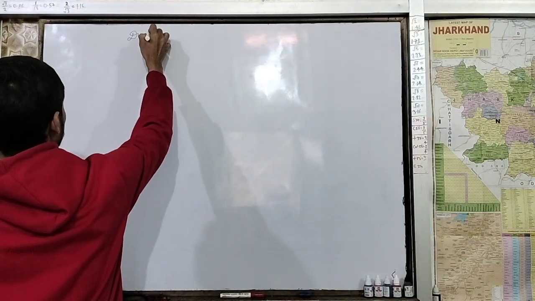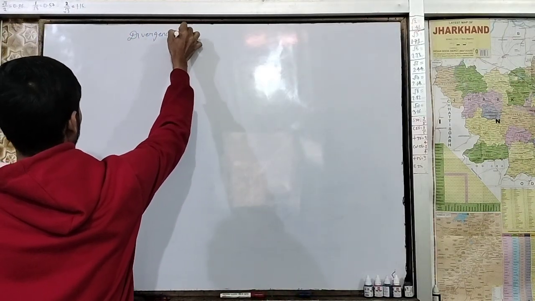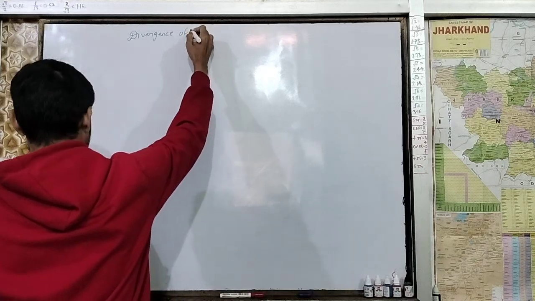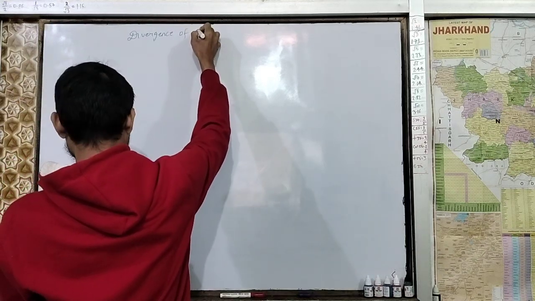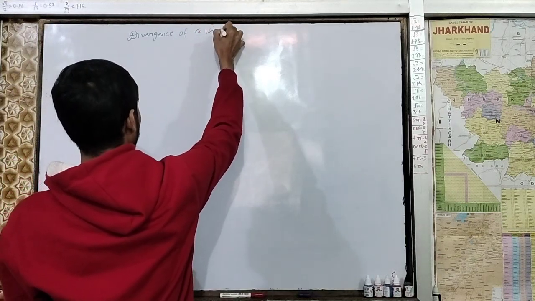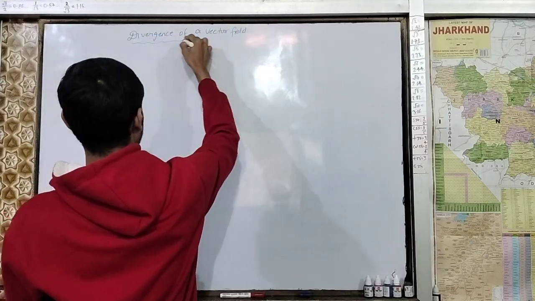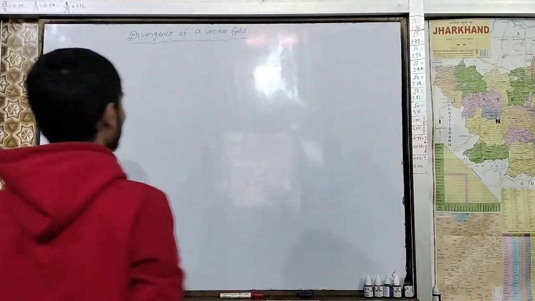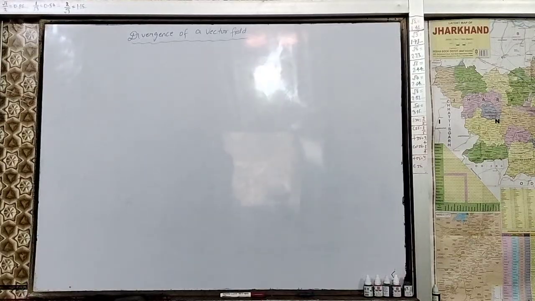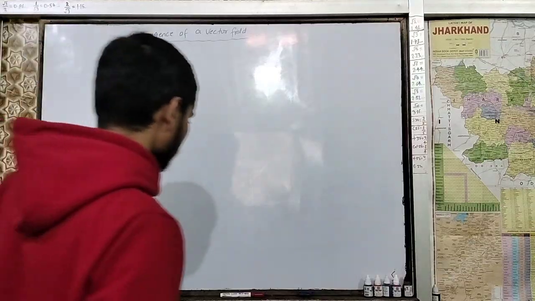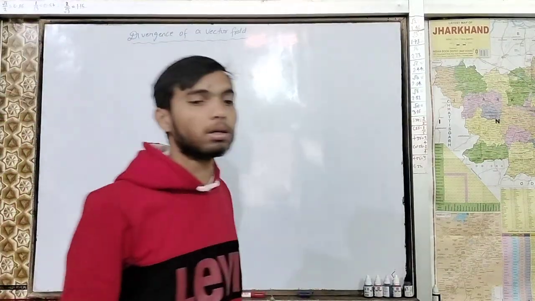Divergence of a vector field means, in a vector field, there would be a vector which is diverging.